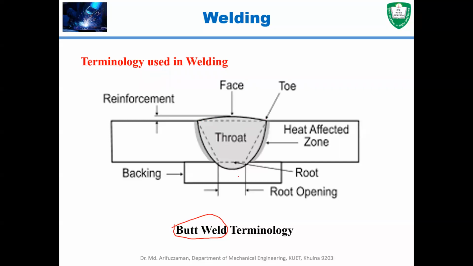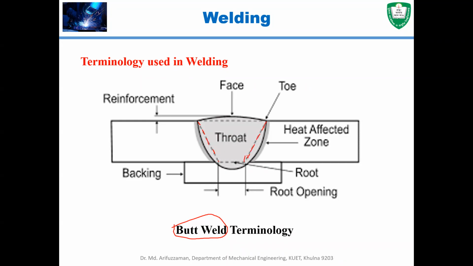Let's start with before welding. This dash line that you are seeing was the situation before welding. This is the prepared edge. Before welding, the two metal pieces will look like that.